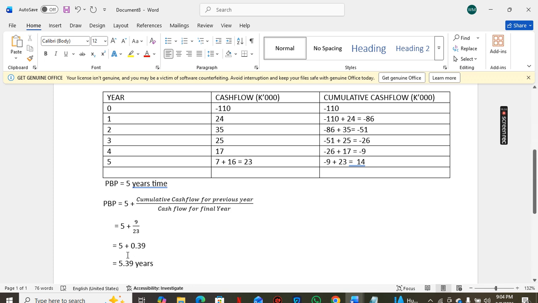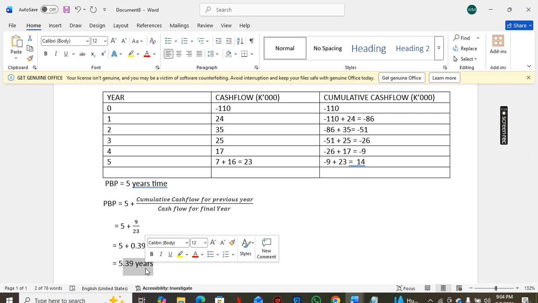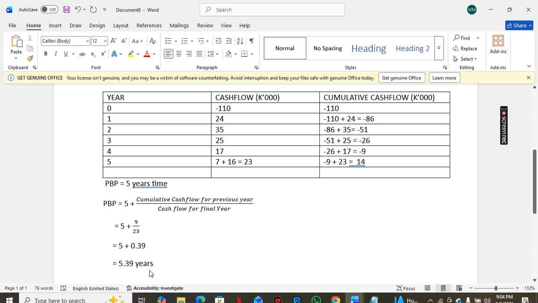Now this 0.39 years, you want to get it into months. You want to say, okay, what is 0.39 years in terms of months? Because 5.39 years is not a convincing number. The person wants to know the months. So just multiply this 0.39 by 12, so that we can convert it into months.